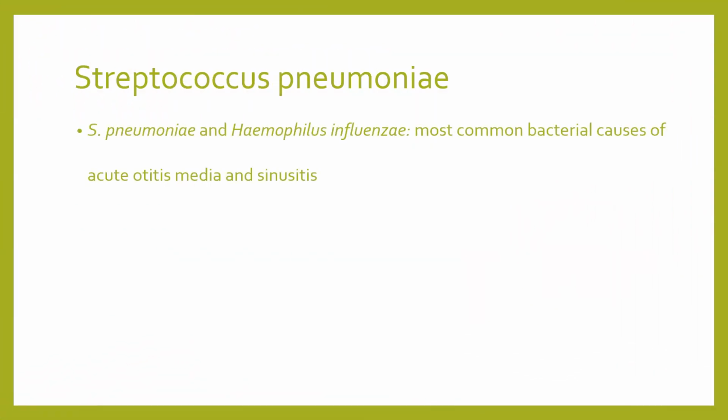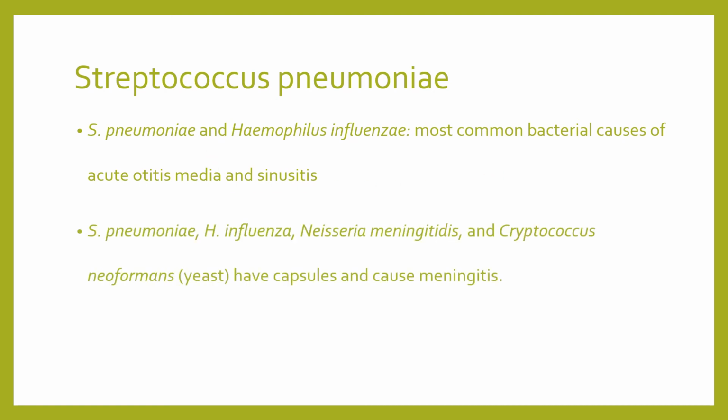Okay, these are nuggets of truth that you have to remember. There are two organisms that are the most common cause of acute otitis media and sinusitis: Strep pneumoniae and Haemophilus influenzae. And there are four organisms that have capsules and will cause meningitis.